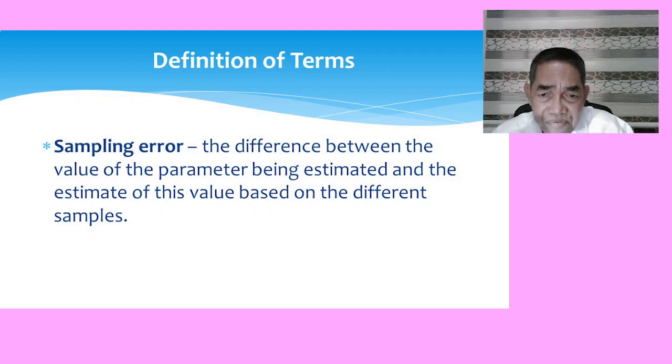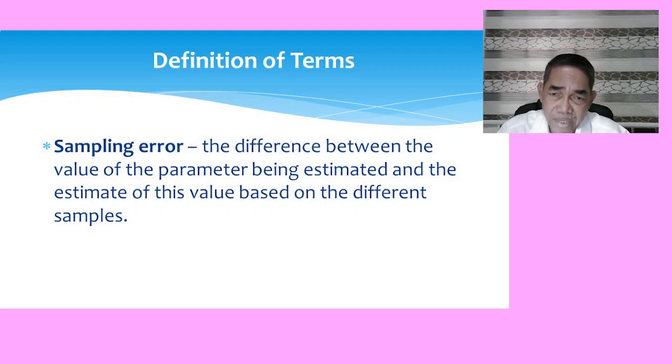Suppose there are 3,000 medical students in FEU, and I want to estimate the proportion of medical students who are smokers. I will get about 100 after calculating for the sample size. Suppose I was able to get 100 as my samples.